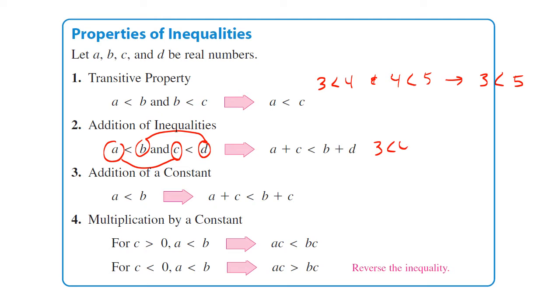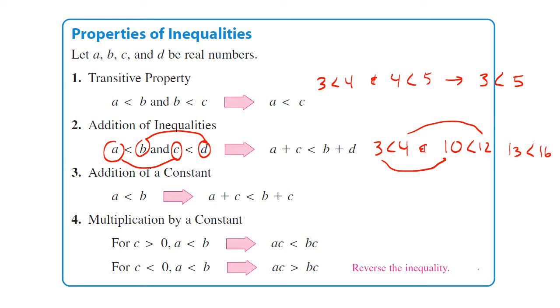Here we go. 3 is less than 4. I agree with that statement. 10 is less than 12. I agree with that statement too. So the addition of inequalities says this: if I add the 3 and the 10 together, that makes 13, which is still less than if I add the 4 and the 12 together, because that gives me 16. There it is, the addition of inequalities.